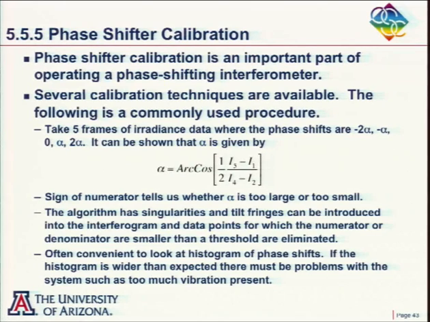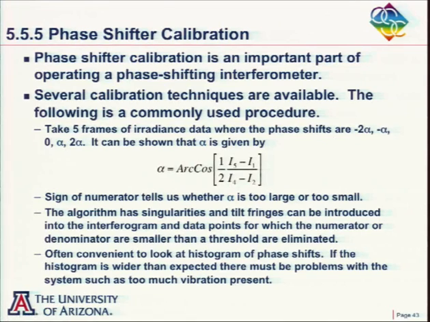And then you can show that the phase shift alpha comes from the equation arc cosine of 1/2 I5 minus I1 divided by I4 minus I2.